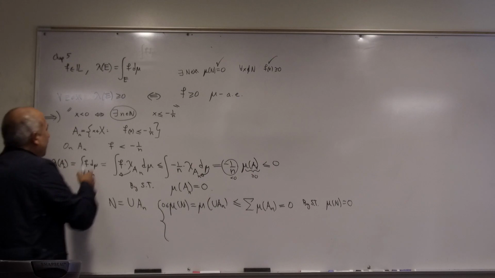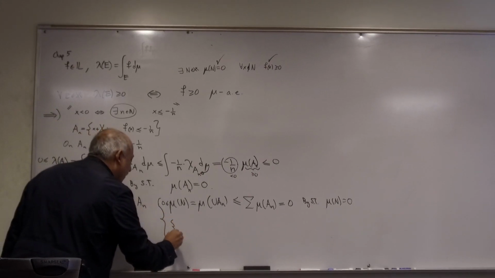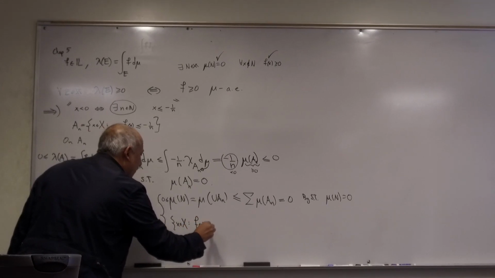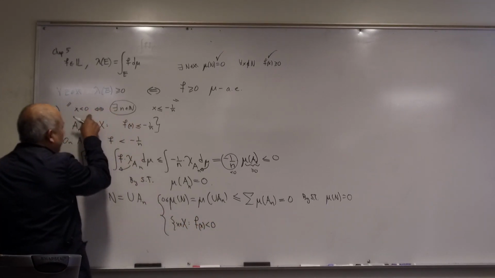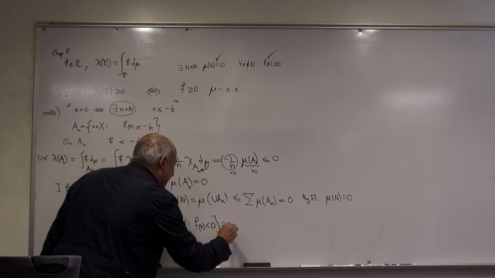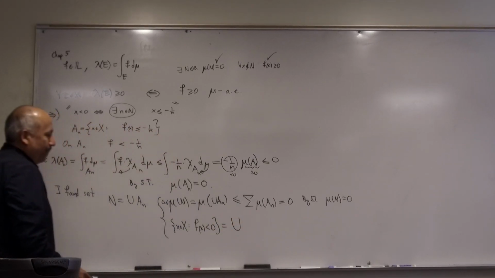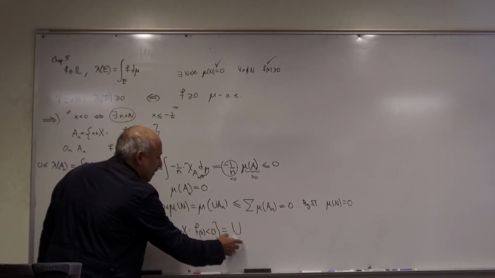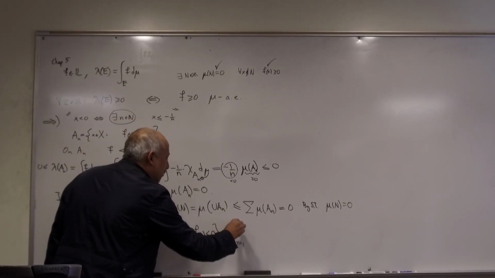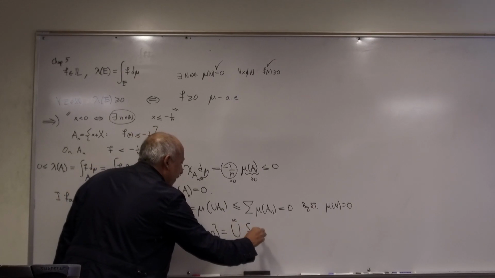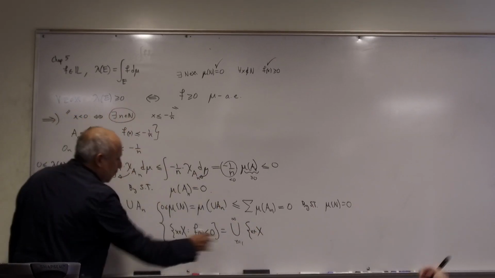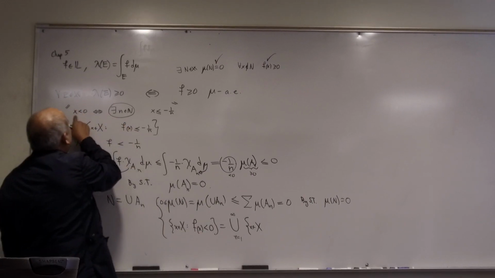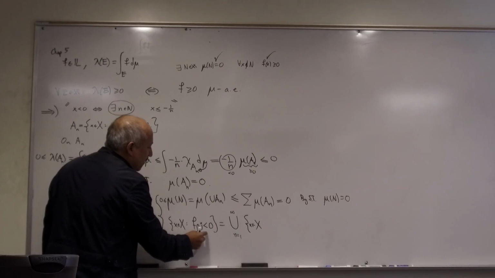So therefore, the set of points where the function is negative, by using this fact, is the same as the union. If something is negative, therefore there exists an n such that what? This just translates that into this union. So f of x is less than 0. Forget about x, you can call it f of x. f of x is less than 0.